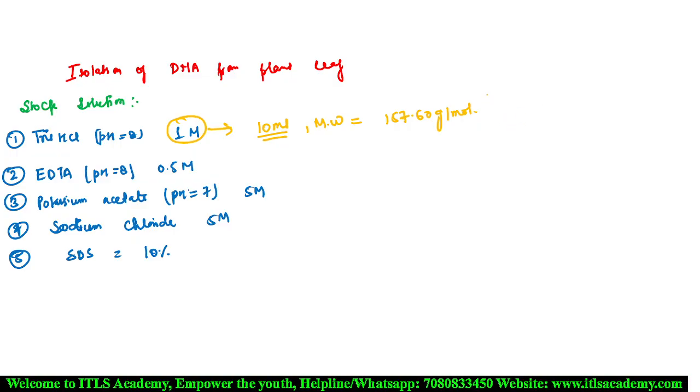Which formula? Can you please tell me the formula for the calculation of Tris-HCl? If you have to calculate the weight of the Tris-HCl, whose molecular weight is 157.60 grams per mole, volume is 10 ml and the concentration is 1 molar, we use this formula.